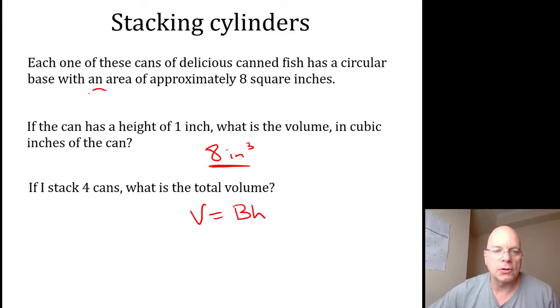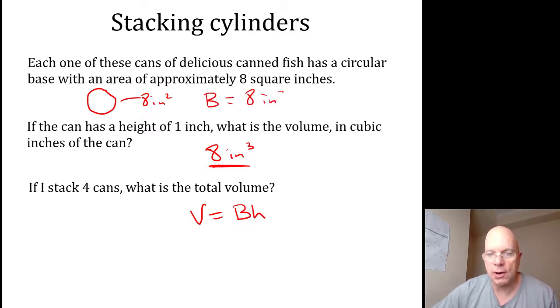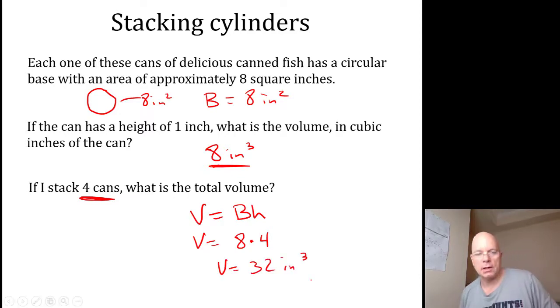The area of the circular base we said was 8 inches squared. So B equals 8 inches squared. So the volume would be 8 multiplied by the height. 4 cans, each can's an inch, so times 4. So 32 inches cubed of delicious canned tuna.